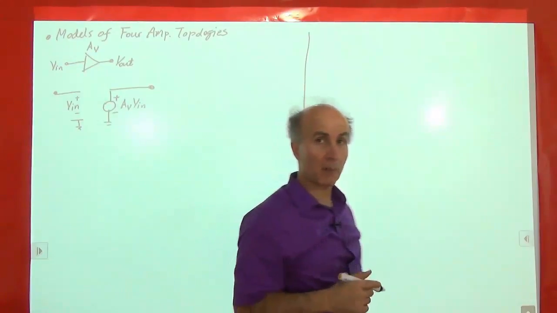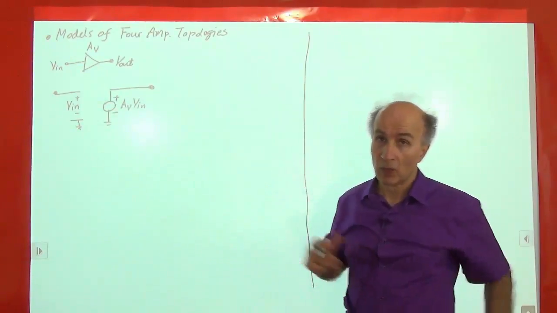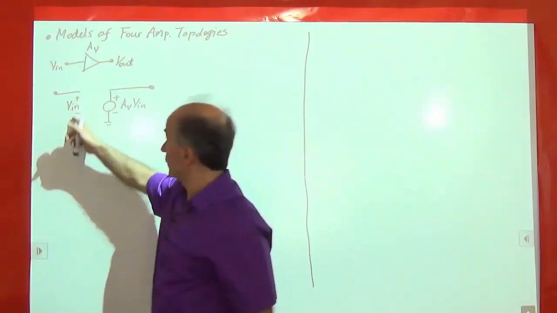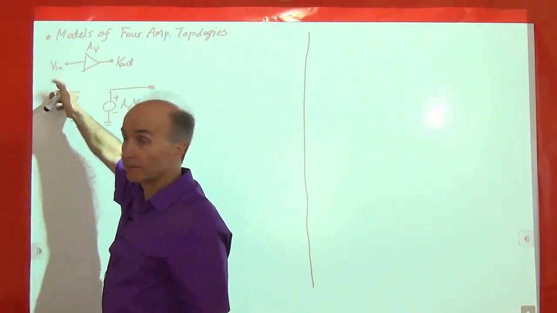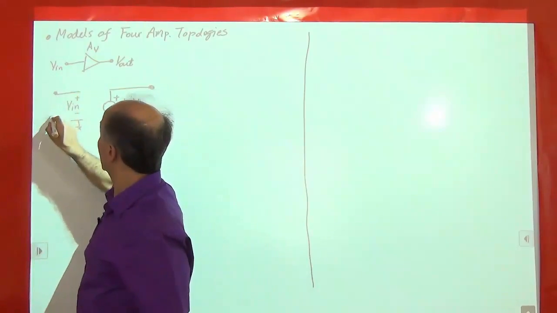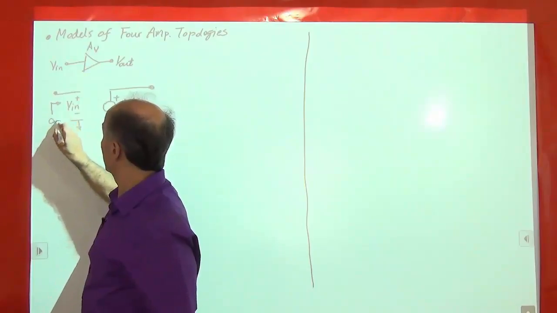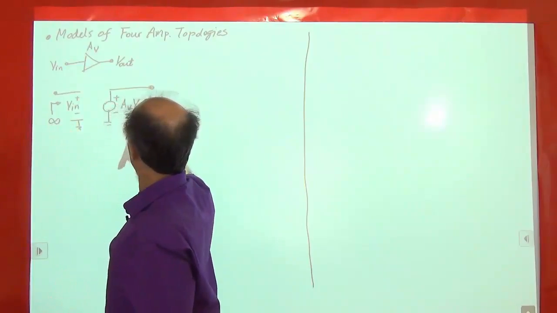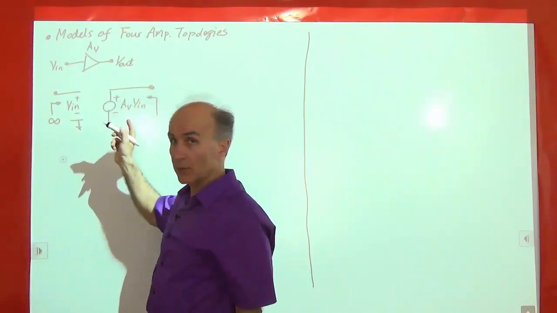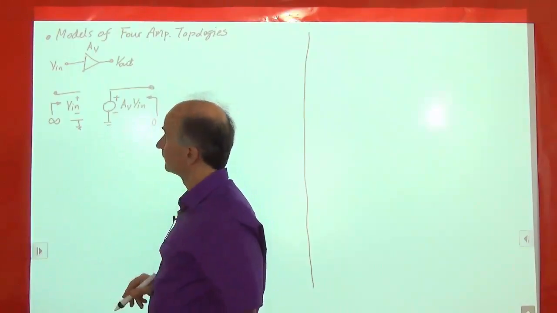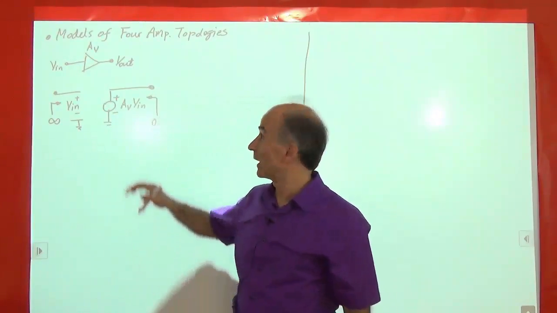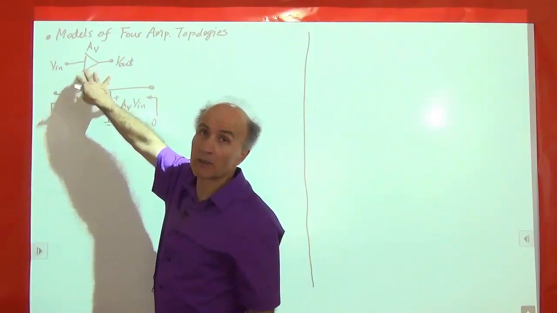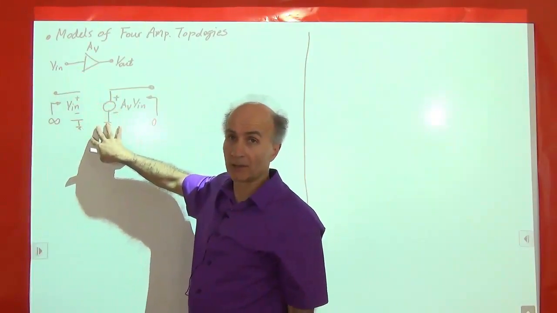All right. How much is the input impedance here? It's infinity, right? It's an open circuit. So that's good because that's what we wanted. So looking into here, we have infinite. And looking into here, how much do we have? It's an ideal voltage source, so we have 0. So if this is an ideal voltage amplifier, this is the model of that ideal voltage amplifier.